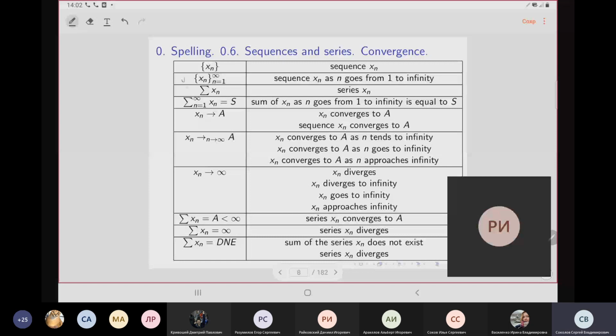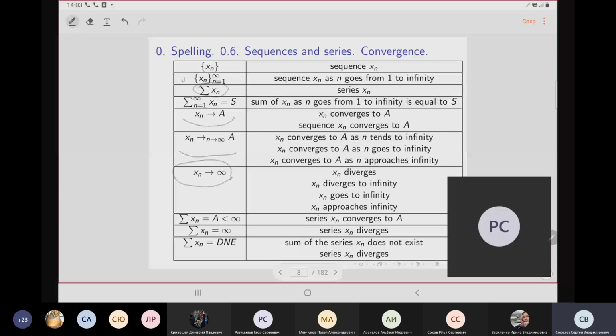Or like this, a sequence xn converges to a, or simply xn converges to a. Some more complicated situations like xn converges to a as n tends to infinity, or goes to infinity, or as n approaches infinity. If some sequence does not converge, we can say that xn diverges, or xn diverges to infinity, or goes to infinity, or approaches infinity, and so on.